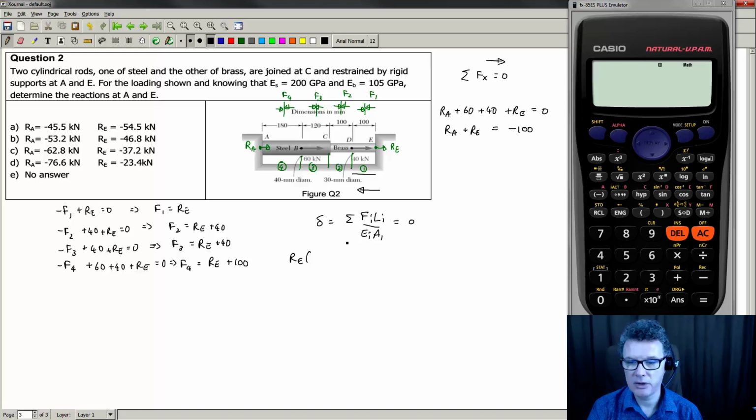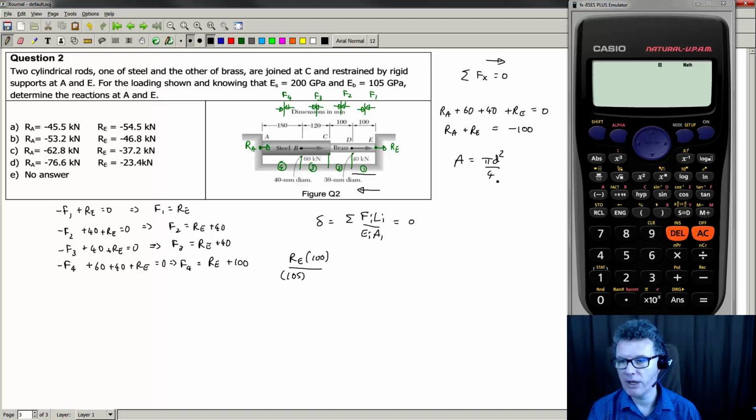So here the length of this section is 100 millimeters. Here we're brass and its Young's modulus is 105. The area, okay, so we're going to use a fluid mechanics trick here. Area equals pi d squared over 4.